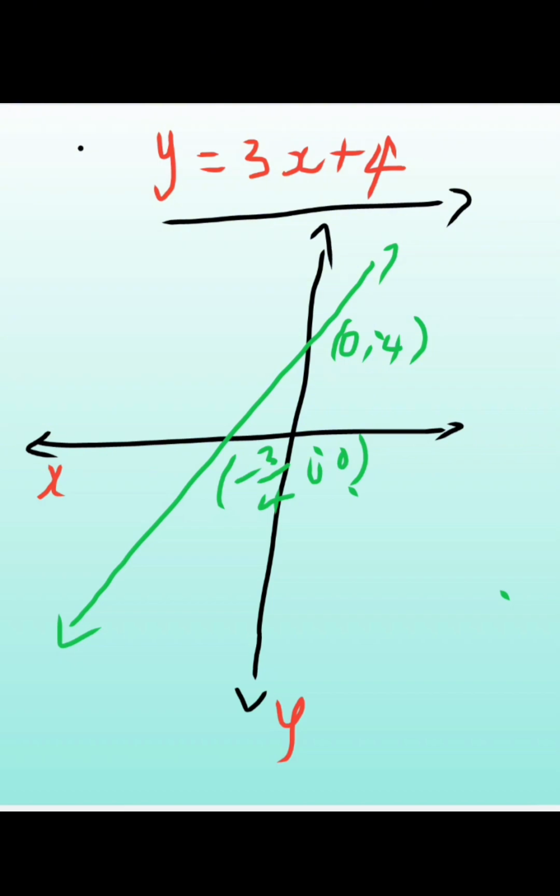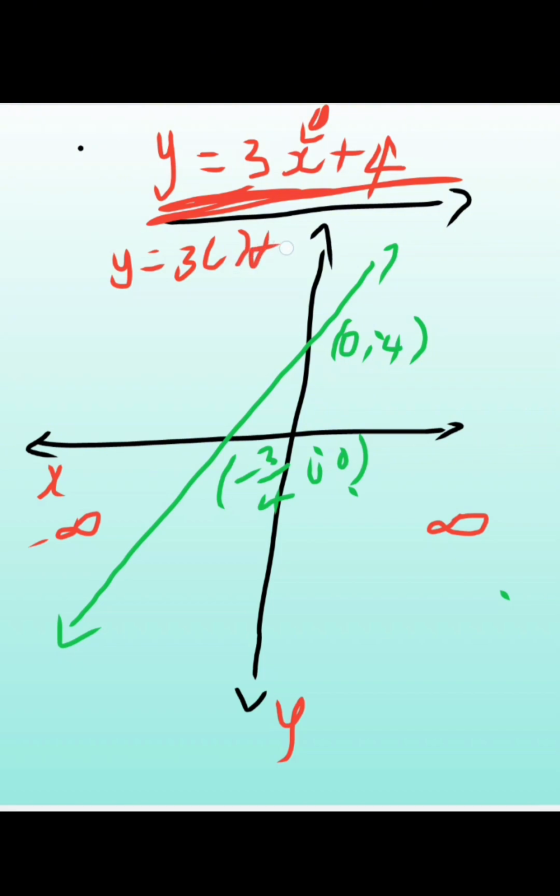When I insert every value from negative infinity up to positive infinity on my graph of 3x plus 4, it doesn't matter if it's negative 99 or negative 1 million, I will still get my output value.